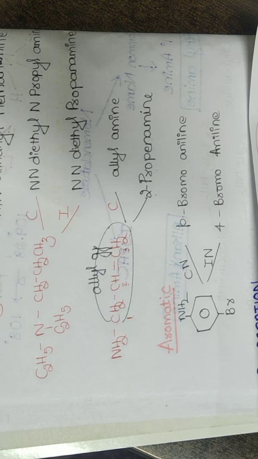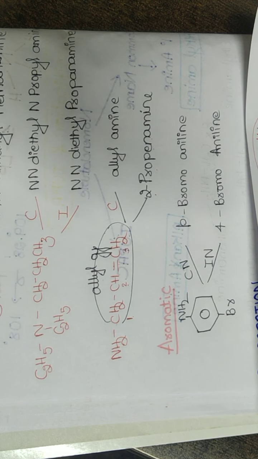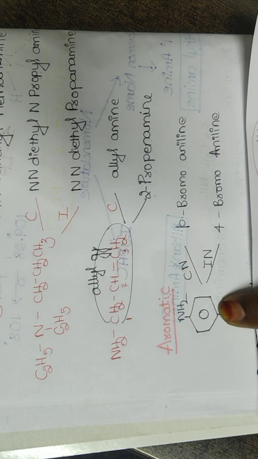In the case of aromatic compounds, as you all know, the IUPAC nomenclatures are not frequently used, but we are using the common nomenclatures. Here, you know that if a benzene with an NH2 group is bonded, we commonly call it aniline.